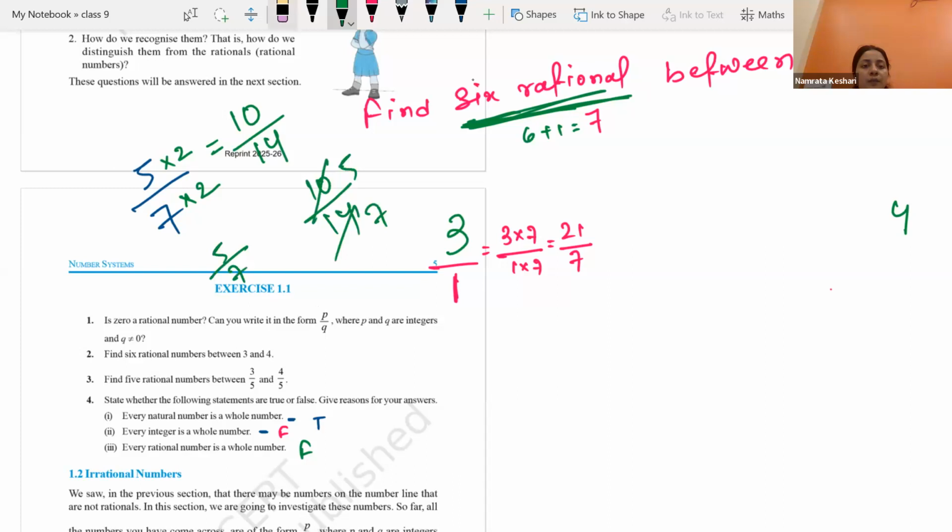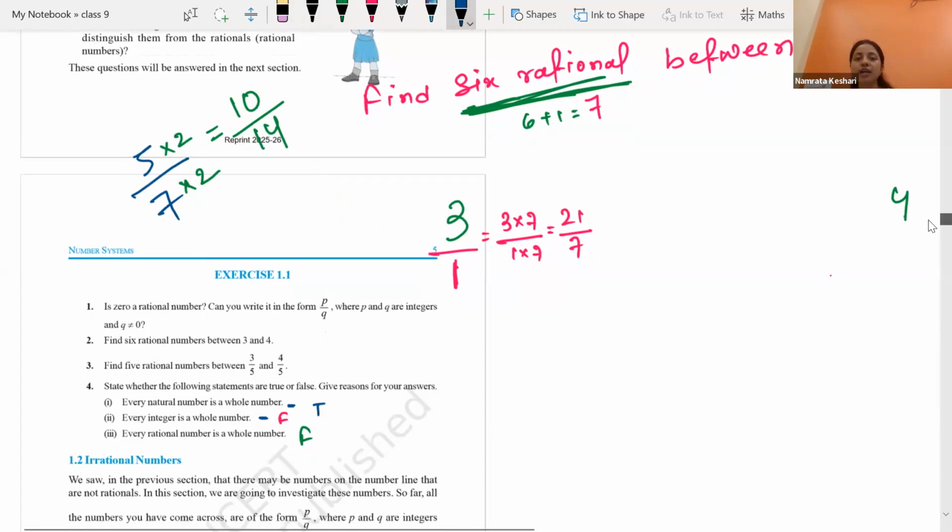When you multiply the same number in the numerator and denominator, you are not changing the fraction, you are just doing one arrangement. Recall from your previous class when you started learning fractions: when we divide or multiply the numerator and denominator by the same number, we don't change the fraction.